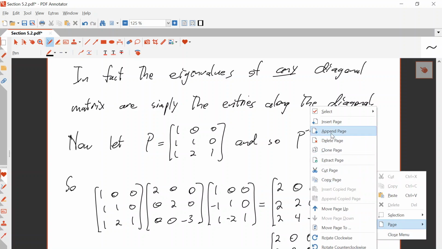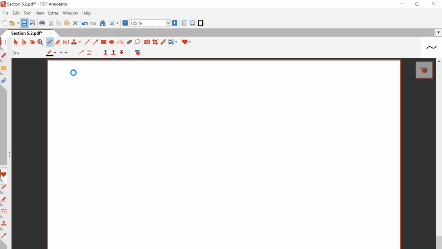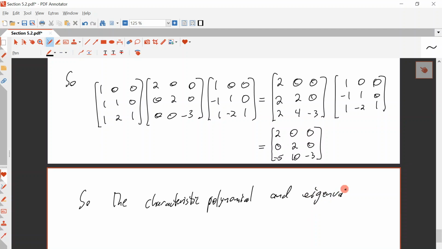So the characteristic polynomial and eigenvalues of 2, 0, 0, 0, 2, 0, minus 5, 10, minus 3 are the same.